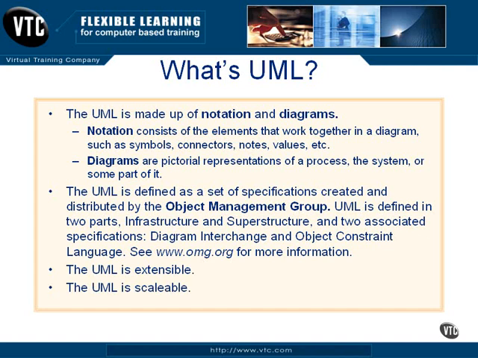And it's also worth noting that the UML is scalable. You can use UML equally well to model a huge multi-million-dollar system, or you can use it to do a quick sketch of a business process. It can be as big or as small as you need it to be.